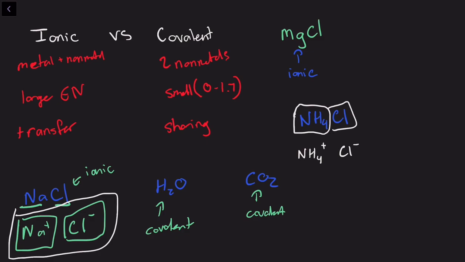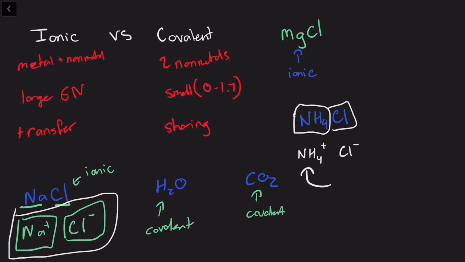But are there any covalent bonds in here? Well, within our polyatomic ion, we have nitrogen bonded to hydrogen. There's still bonds going on here. So even though the polyatomic ion and the chlorine ion are bonded to each other with an ionic bond, within the polyatomic ion, there are covalent bonds because the nitrogen, a nonmetal, is bonded to hydrogen, another nonmetal.